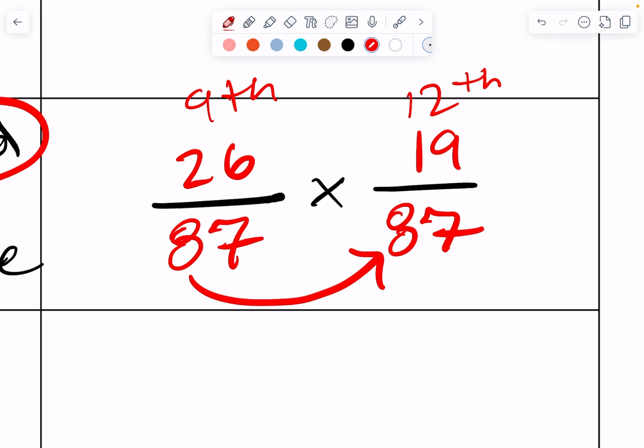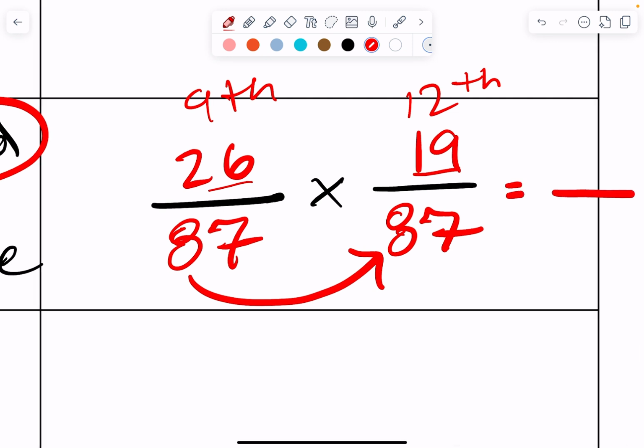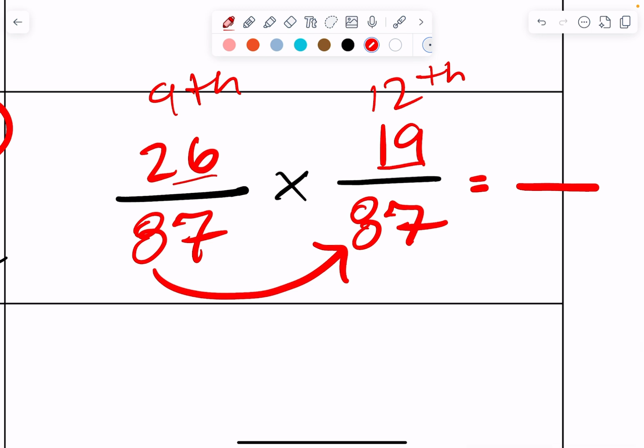And I picked really crappy numbers because I have no idea if any of those reduce. I know 19 is prime. 26 is only 2 and 13. I have no idea if that reduces. Let me just do some math here. Hold on, I have my phone calculator. 26 times 19 is 494, and 87 times 87 is 7569.